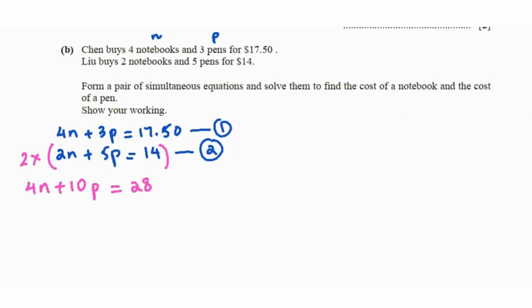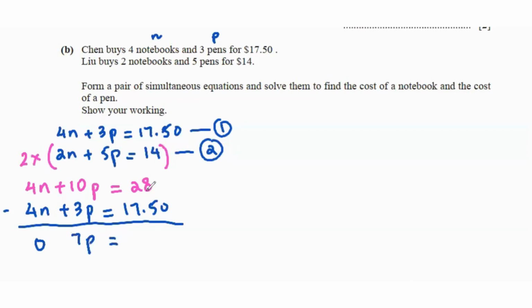Now we're going to solve this equation with equation 1: 4n plus 3p equals 17.50. Since the coefficients of n are equal, I can subtract the two equations, and that's going to give me 4n minus 4n is 0, 10p minus 3p is 7p, equal to 28 minus 17.5, which is basically equal to 10.5.